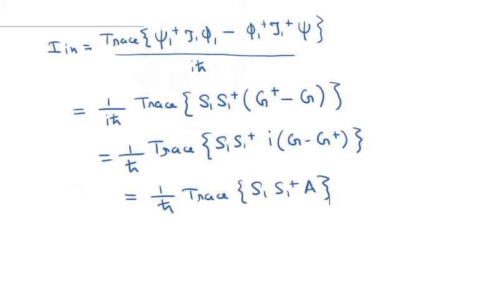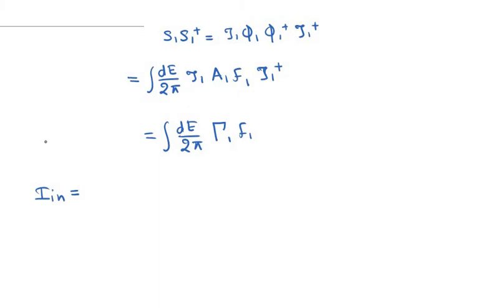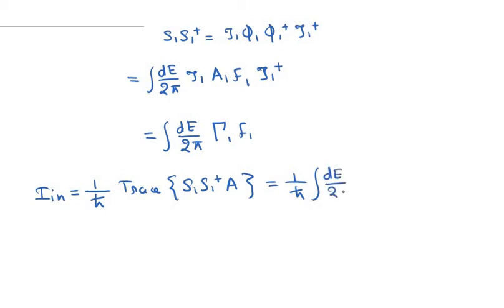We just noted that this is 1 by h bar trace of S1 dagger A. So this basically becomes 1 by h bar integral of dE divided by 2 pi, f1 trace. f1 is basically a number that depends on energy.